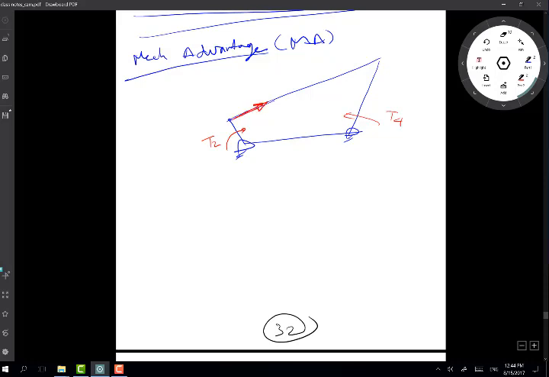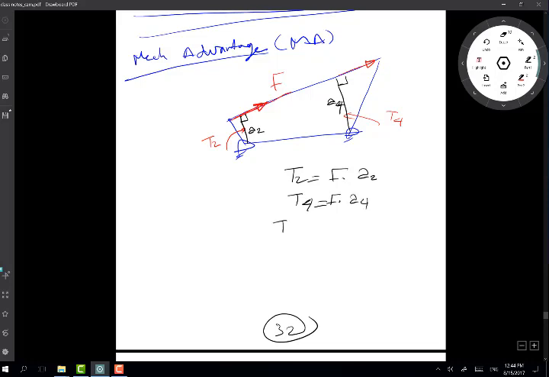Just assume that the force F will be transmitted right through the coupler. Now if I want to calculate this force, I draw perpendiculars at 90 degrees, giving me an arm A2 and another arm A4. Then T2 is F times arm A2, and T4 is equal to F times A4.